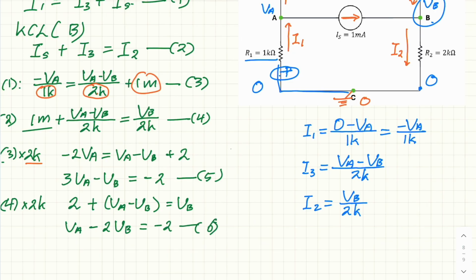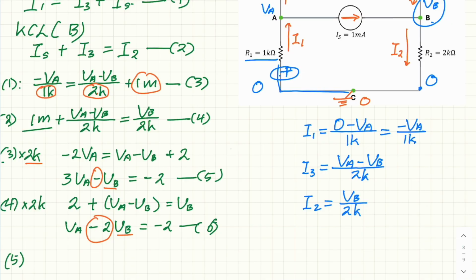Now we can first eliminate VB. The coefficient of VB in equation 5 is minus 1, and the coefficient in equation 6 is minus 2. So what we can do is we have to use subtraction this time.